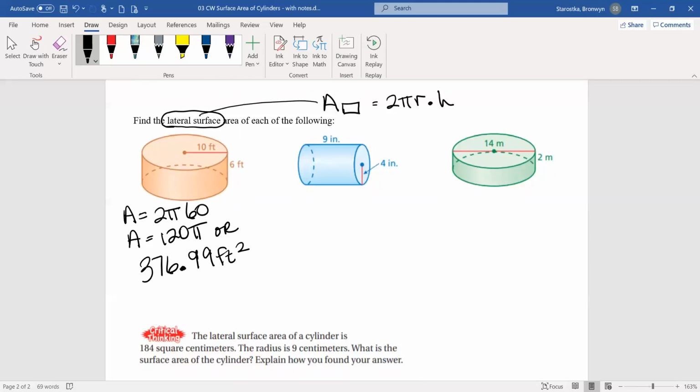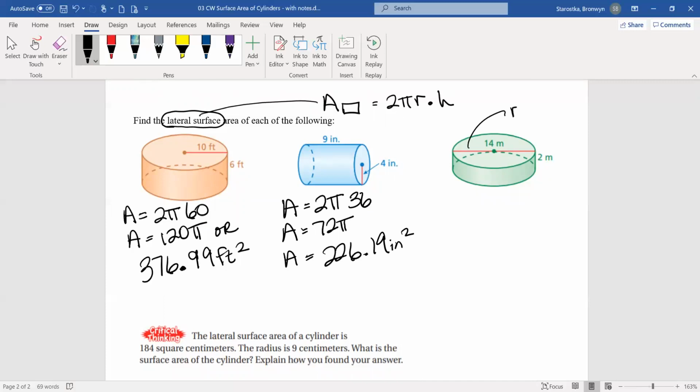Again, we just want the rectangle. So we want the circumference times the height. Area equals 2 pi, and 4 times 9 is 36. Area equals 72 pi, or 226.19 inches squared. And again, notice sometimes they give you the diameter. So our radius is 7.